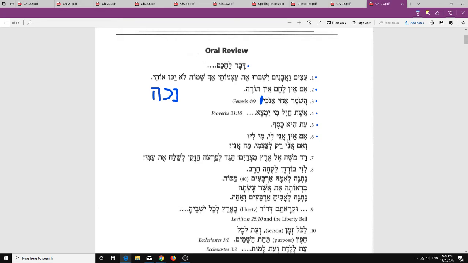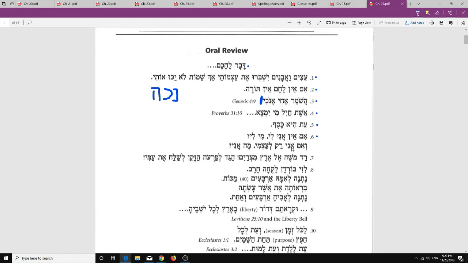If you remember, a way that we can translate this particle with a pronoun is just as a present tense verb. So if I am not for me, li, we have the preposition to or for me, who is for me?